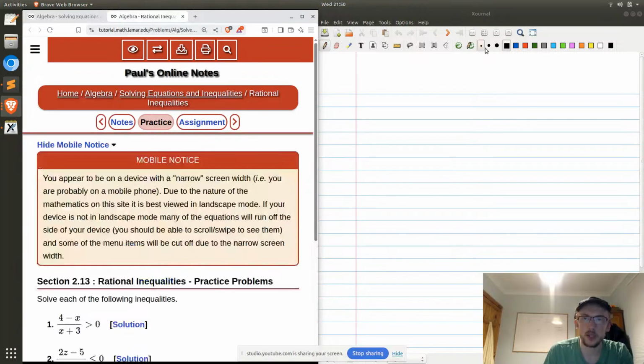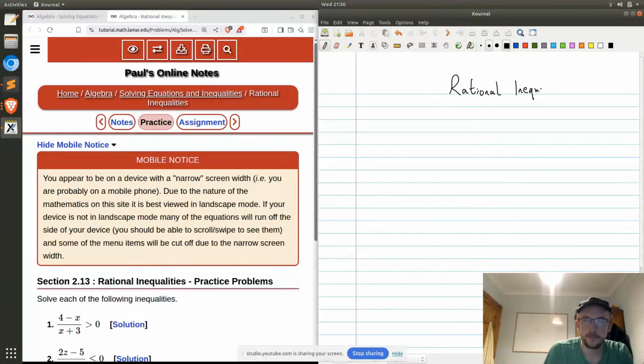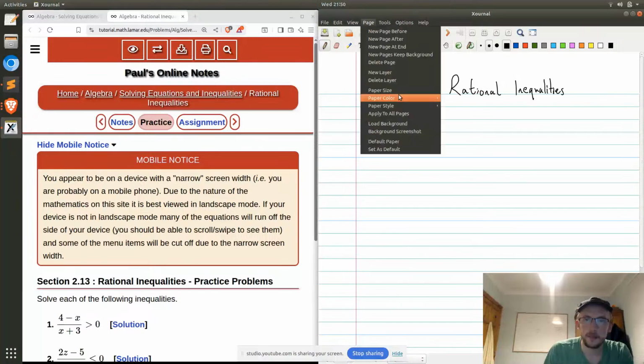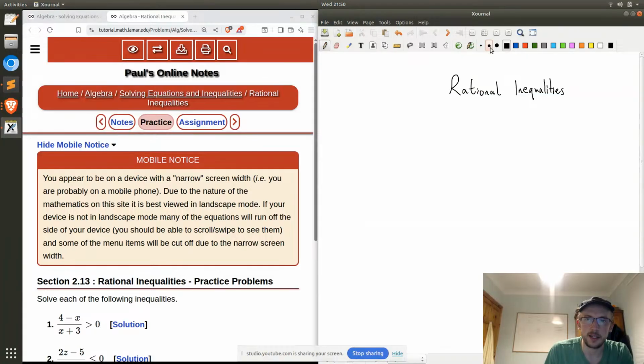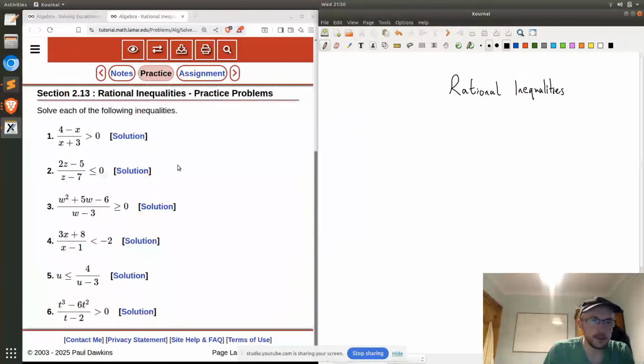Okay, so rational inequalities is next. And this is pretty interesting. You can sort of toggle between plain and lined. Okay, I will begin. Problem 1.